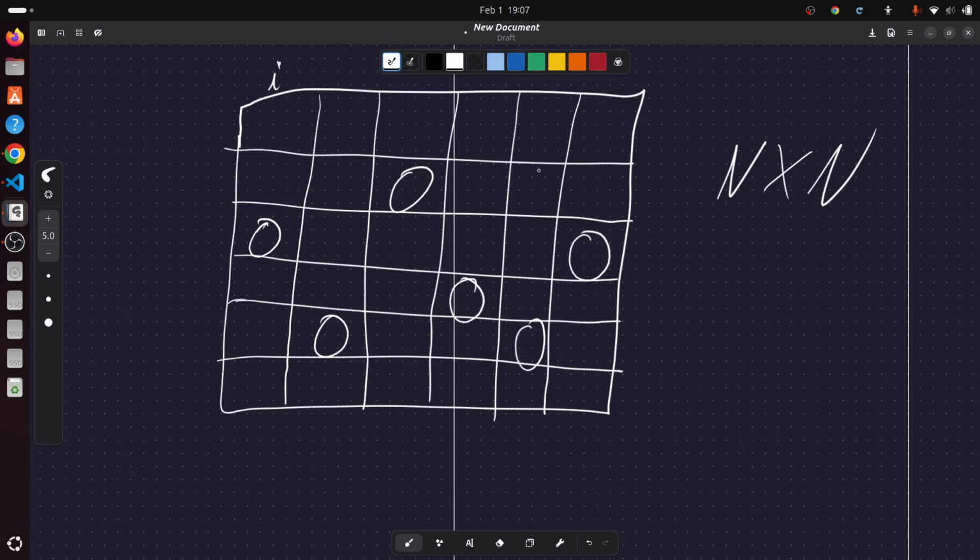Okay, so what we have to do is, in one move we can move one coin one step up, right? So from here I can move it to here, or from here I can move it to here, and so on. But if it is already at the top, then I cannot move it up. Okay, obviously.